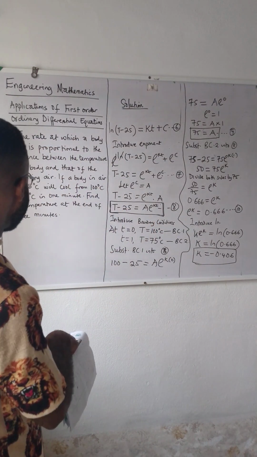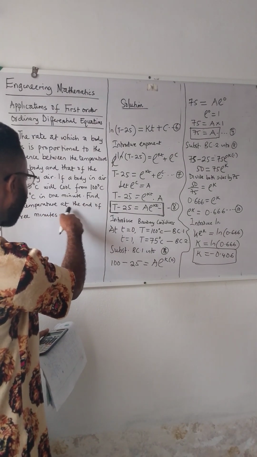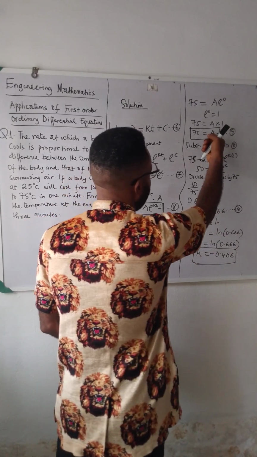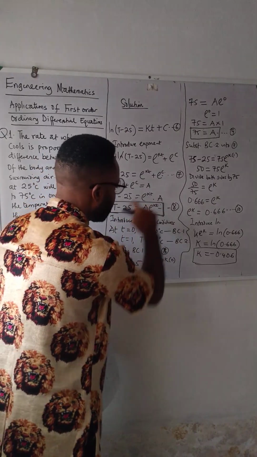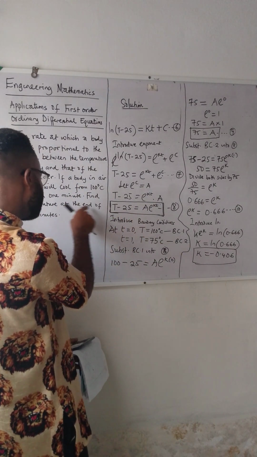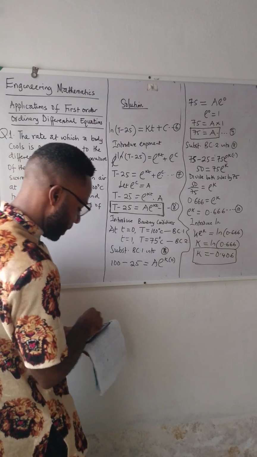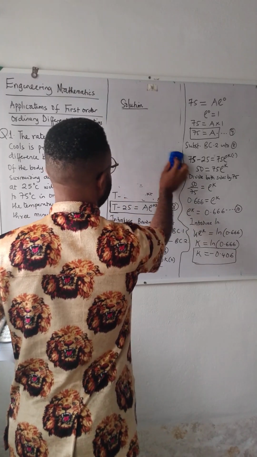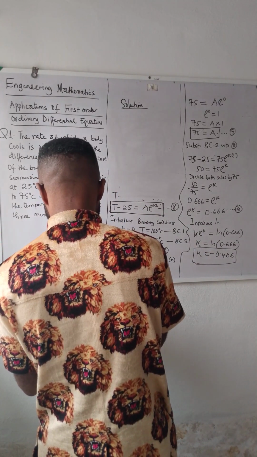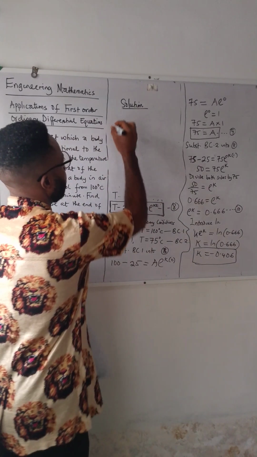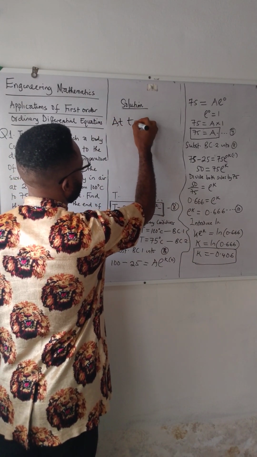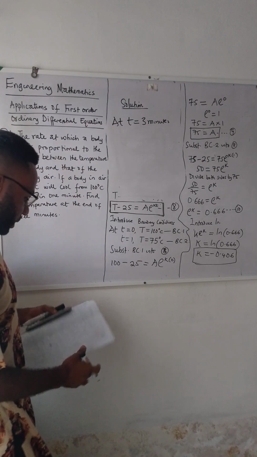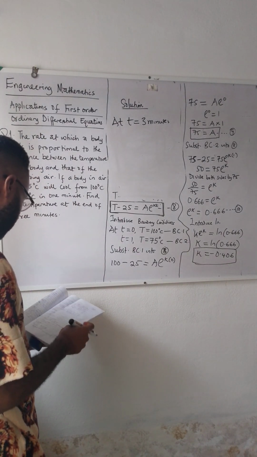So in our question, we are asked to find the temperature at the end of 3 minutes. So we are going to use the value of this constant and the value of A. We input them into equation 8 to determine the temperature at the end of 3 minutes.